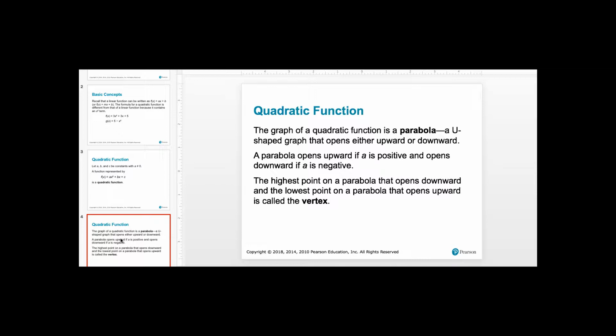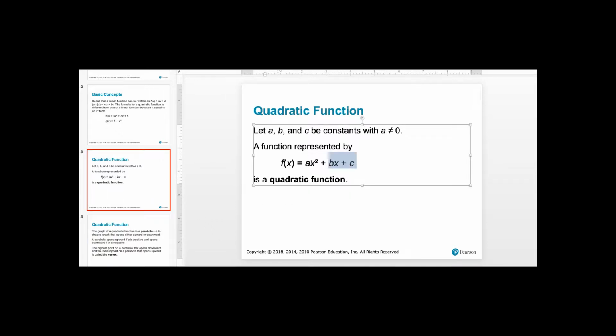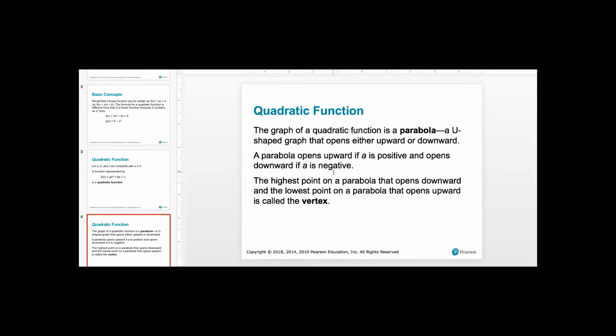The way that you can have some insight into the graph based on the symbolic representation, so again, this is the symbolic representation here, is by what the value of a is.